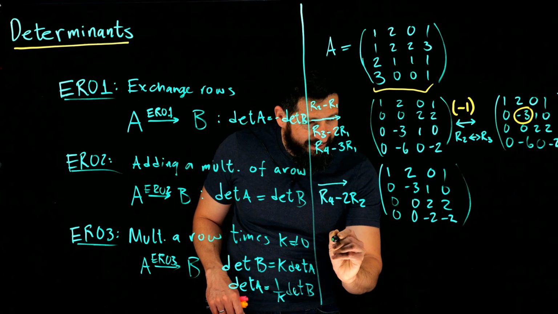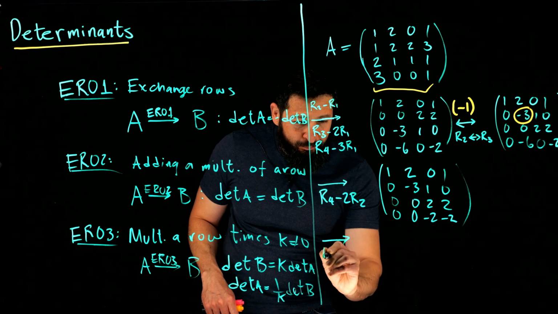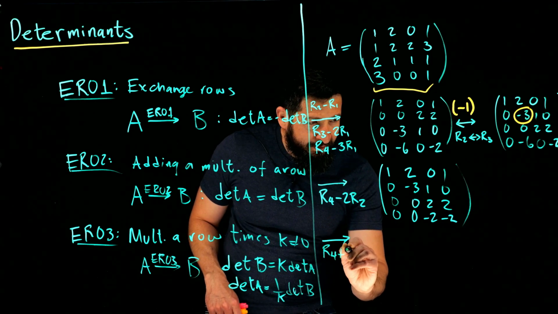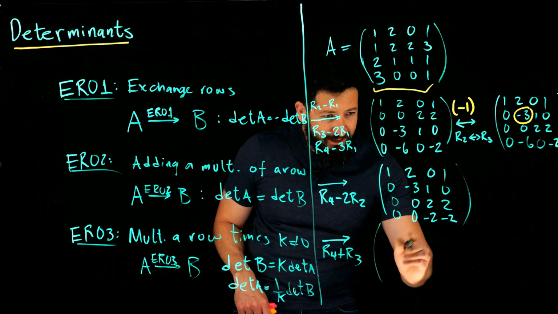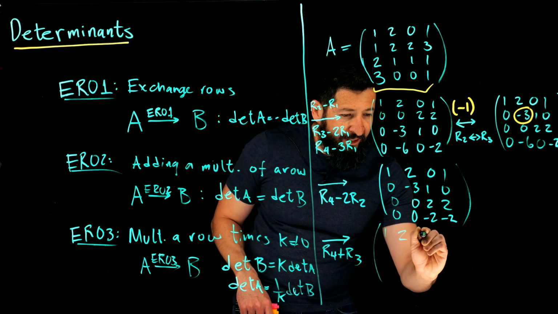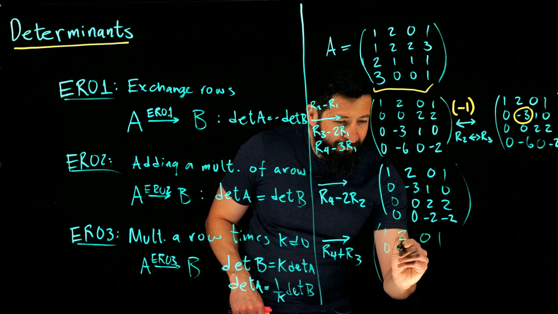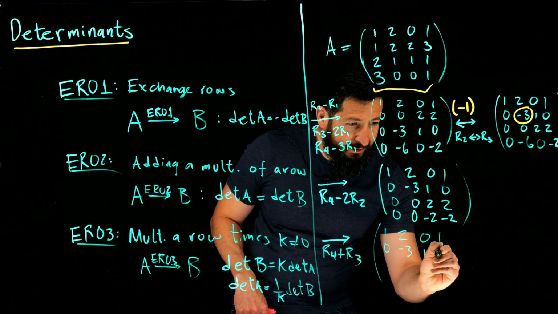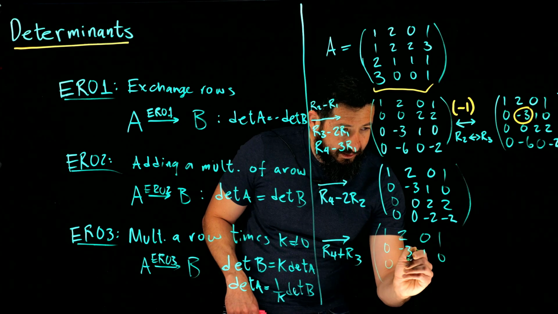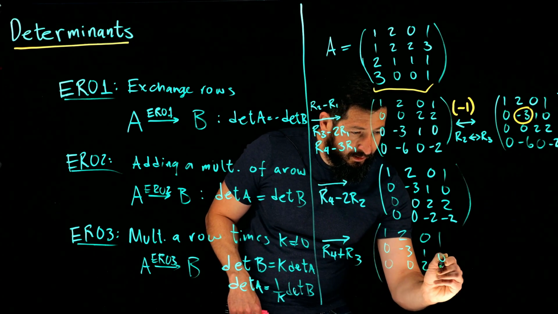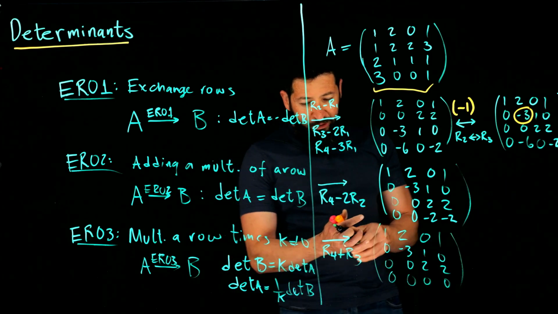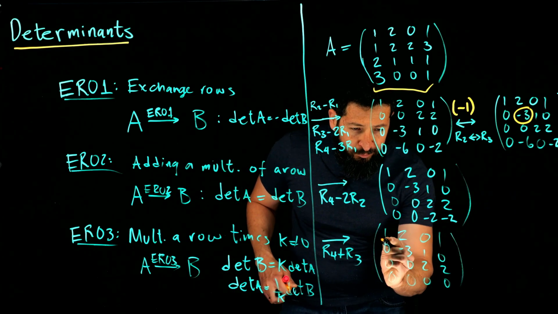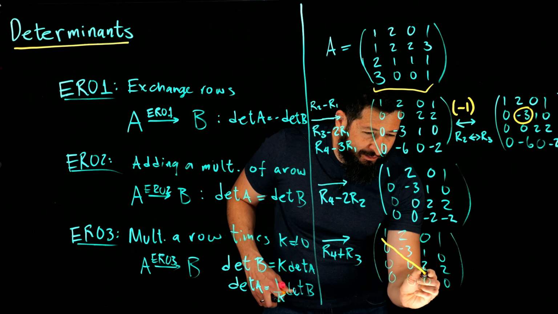So the last thing I'm going to do is say row 4 plus row 3. And then you just get the matrix. And then your determinant is the product of the diagonal entries times -1, right?